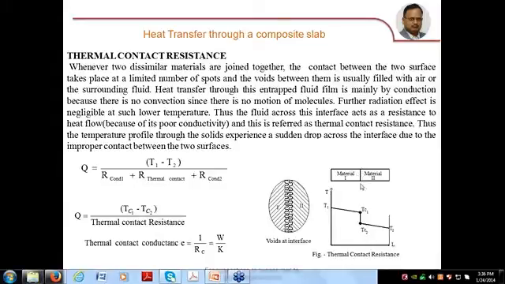Because they are offering more resistance, there is a drastic temperature drop across the layer, and that resistance offered at the interface of two different materials is known as thermal contact resistance.